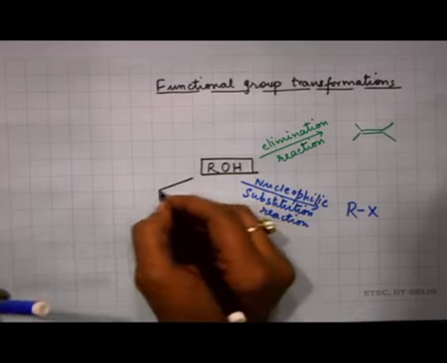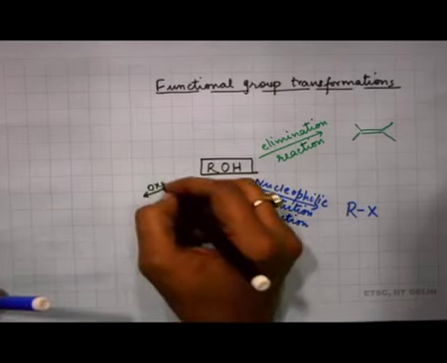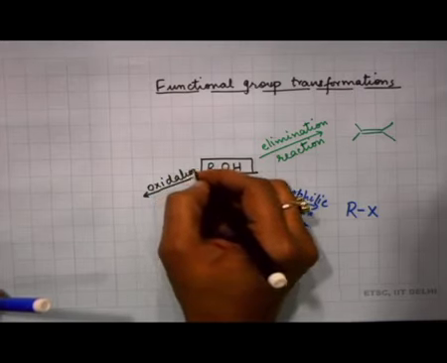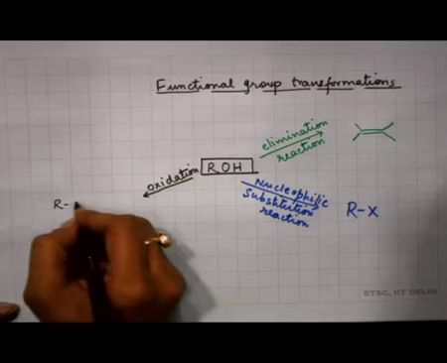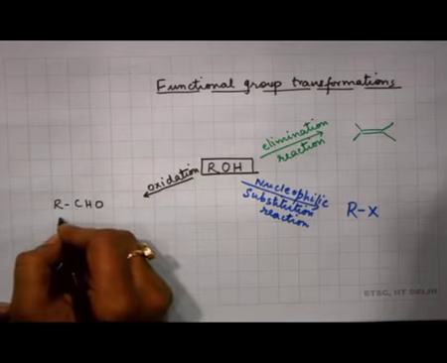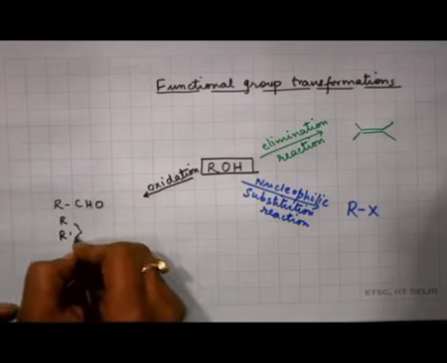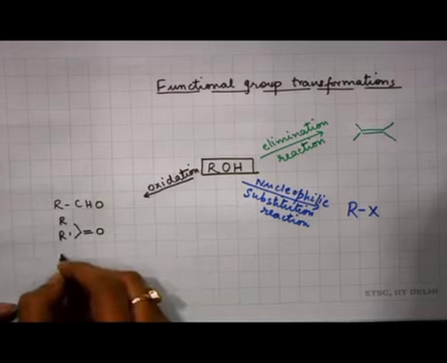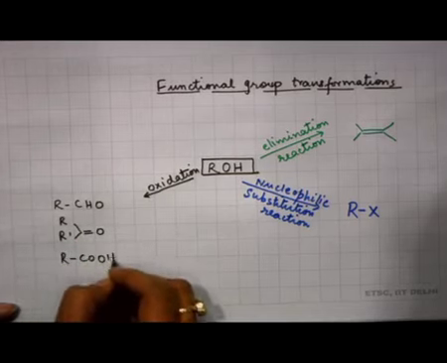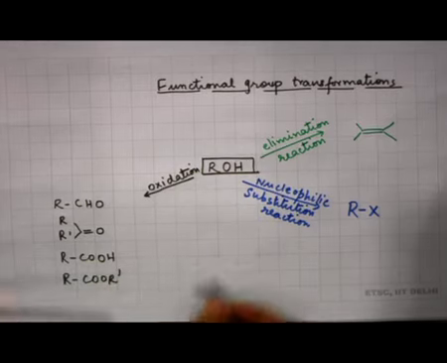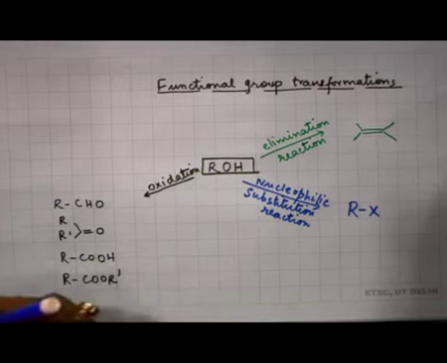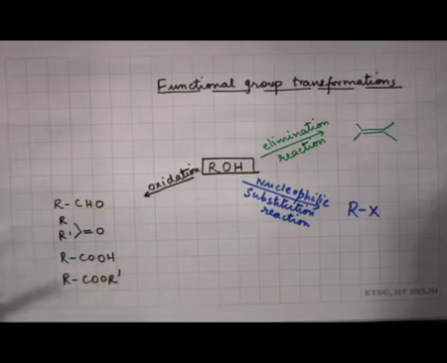Likewise, alcohols can also undergo oxidation. By virtue of the presence of the hydroxyl group, they can generate a variety of aldehydes, ketones, and they can also produce acids as well as acid derivatives like esters. All these are the possibilities when we are starting with alcohols as substrates.